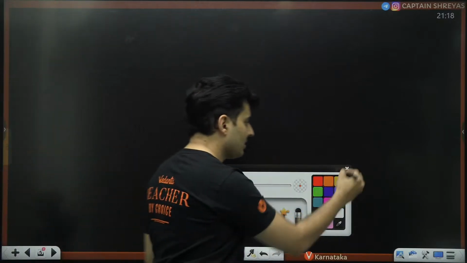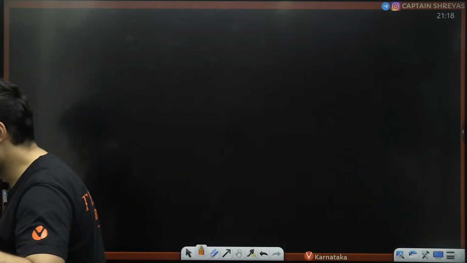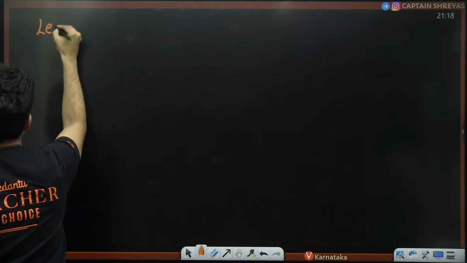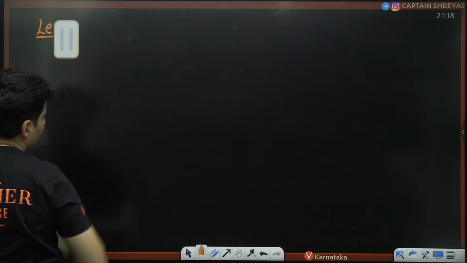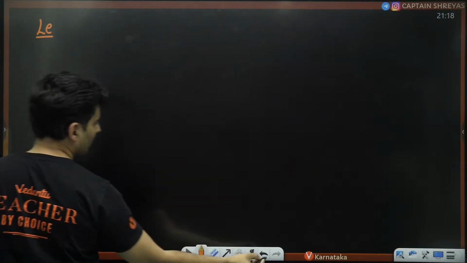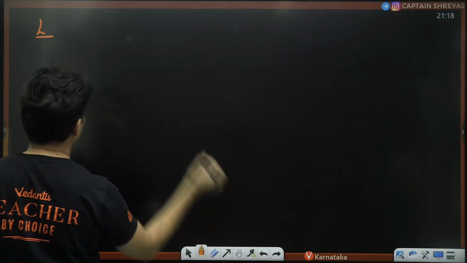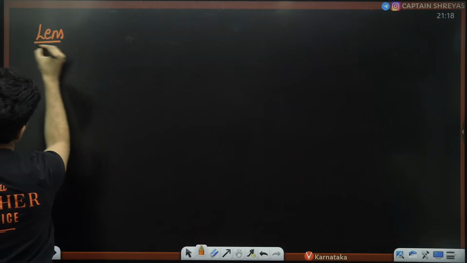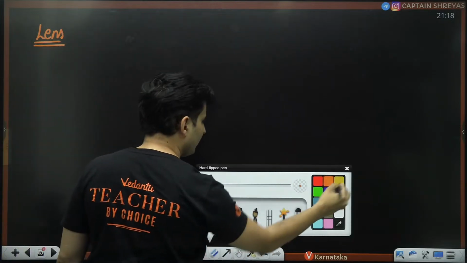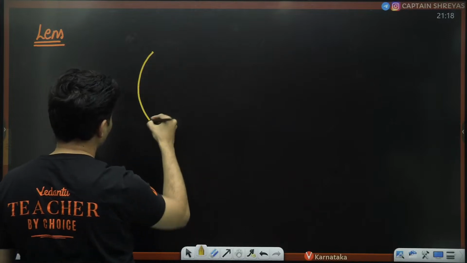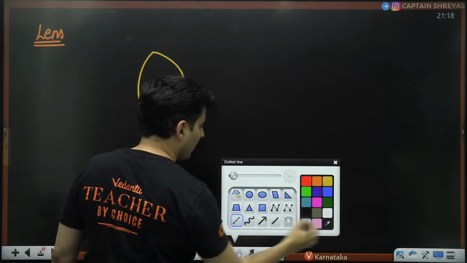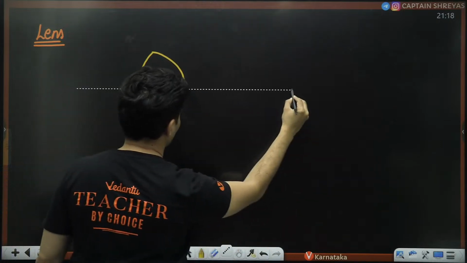Now let's go to the next application of refraction at a curved surface, which is called lenses. When we talk about a lens, observe this carefully. You have a curved surface, you have another curved surface, and maybe this is the principal axis.